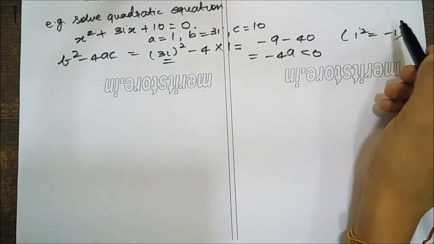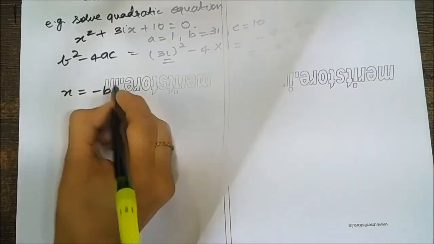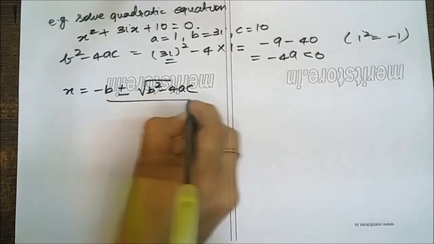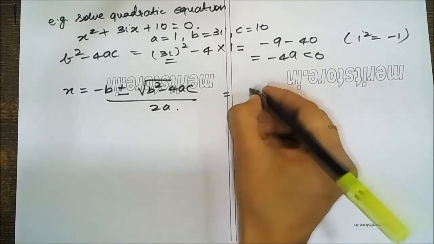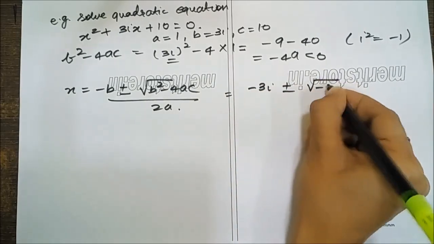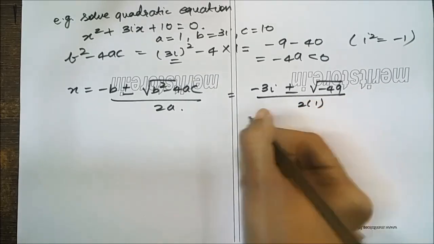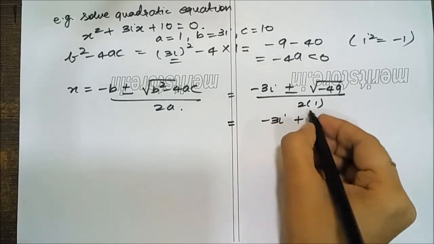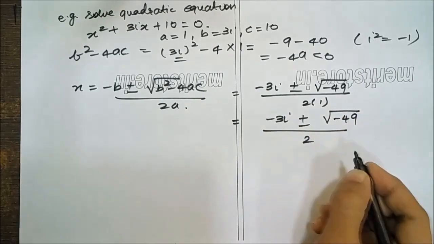Now as this is less than 0, x is equal to minus b plus minus root of b square minus 4ac upon 2a, minus 3i plus minus root of minus 49 upon 2 into 1.